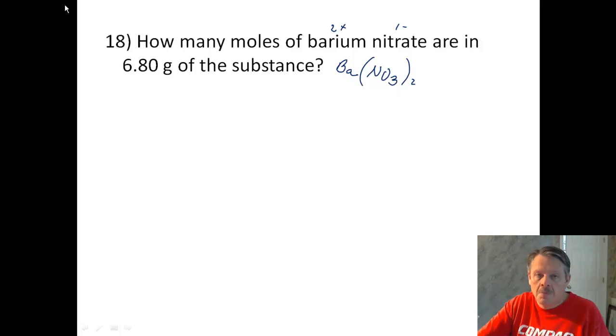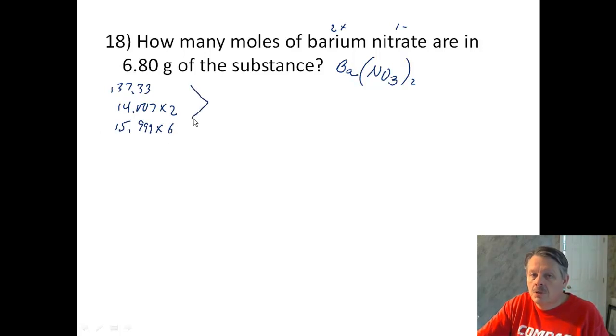So Ba is going to be 137.33, and nitrogen is 14.007, but I do have 2 of them, so I have to multiply that out. And oxygen is 15.999, and I do have 6 of them. When I add them all together, multiply them out, I get 261.34 grams per mole of barium nitrate.